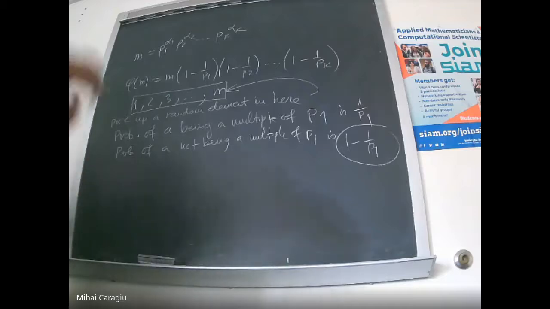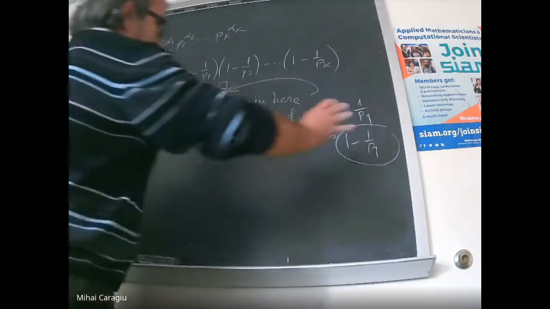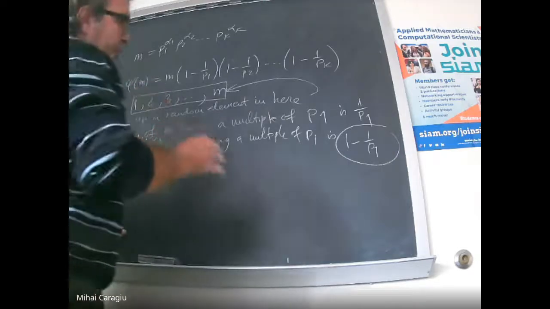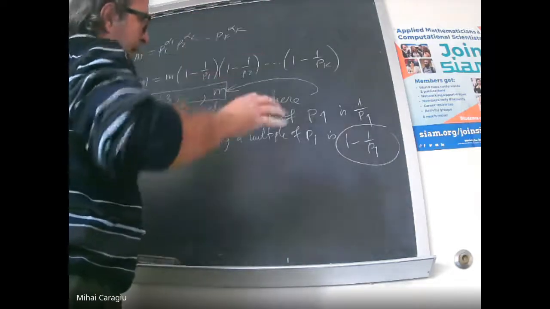That's a heuristic argument. To make it formal we need more, but still, to get a quick ascertainment of the statement, the probability of a random element between 1 and m being relatively prime with m is the product of those probabilities: not being a multiple of P1, and not being a multiple of P2, and all the way through not being a multiple of Pk.